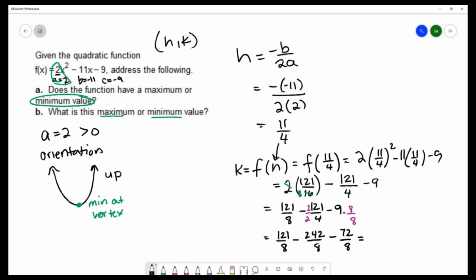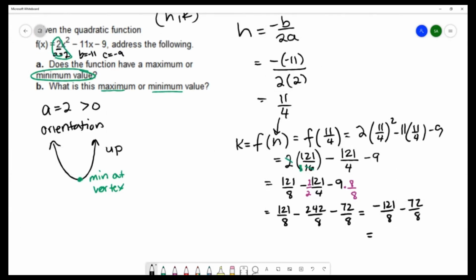The 121 over 8 minus 242 over 8 will be negative 121 over 8 minus 72 over 8. And negative 121 minus 72 would give me a negative 193 over 8.